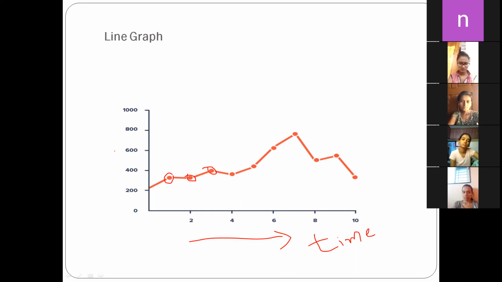If the dimension is money, then you can give it in rupees. If you want the dimension in items sold, then you can give the items sold here. Almost all line graphs work with time on the x-axis.